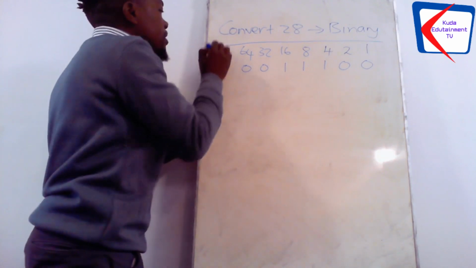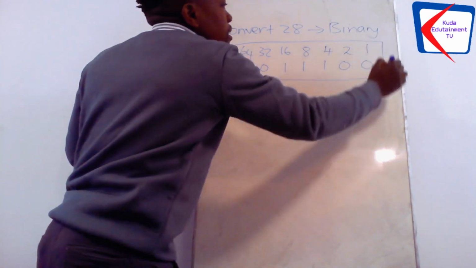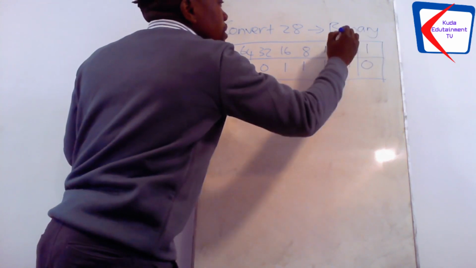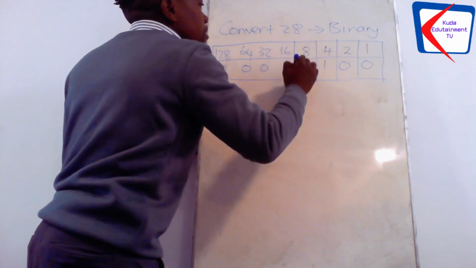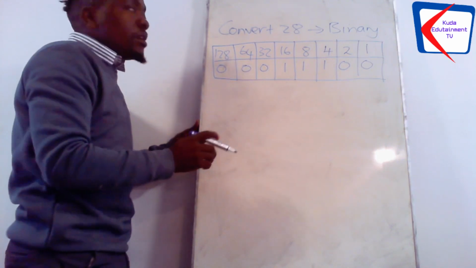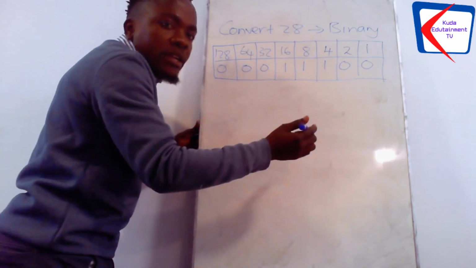Just to make your working smart, you can simply put this in a table like this. So now, 28 to binary, the answer.